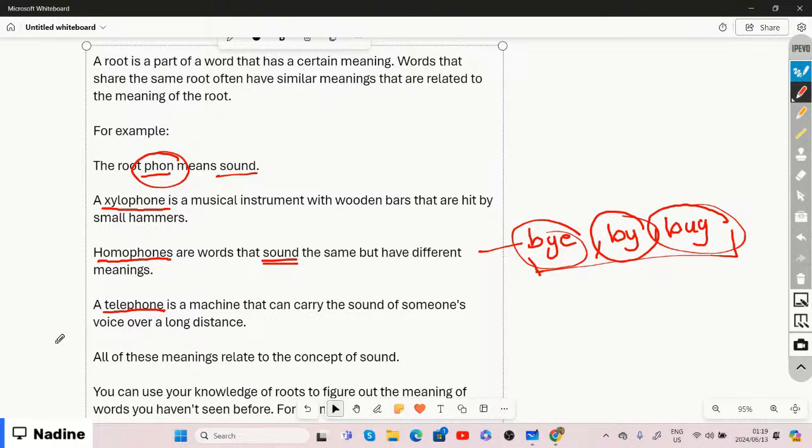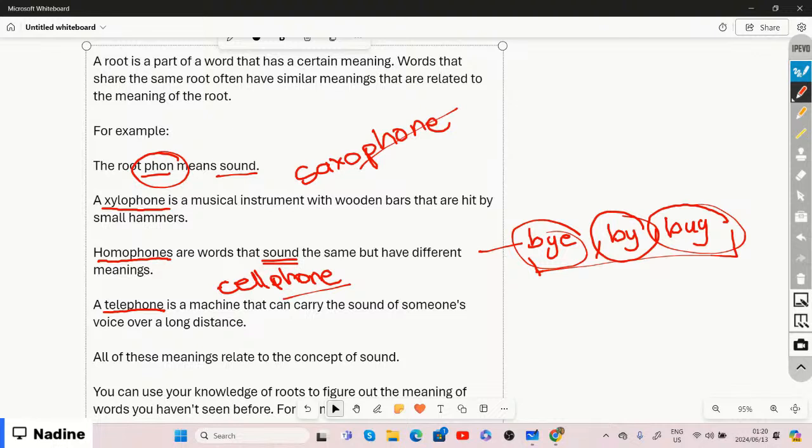The words we just made mention of, xylophone, saxophone, cell phone, telephone, are all to do with sound. We have the word phone in that specific word, and it is all related to the concept of sound, right?